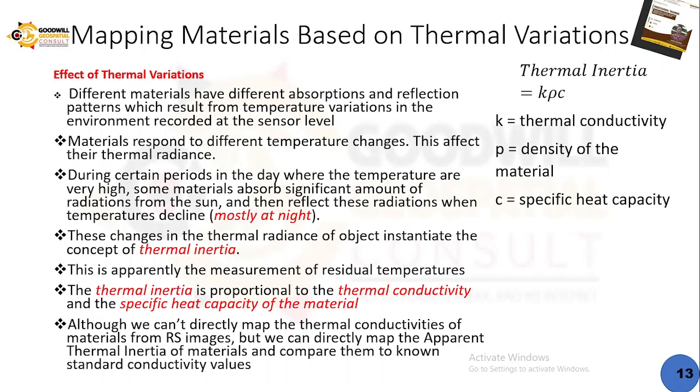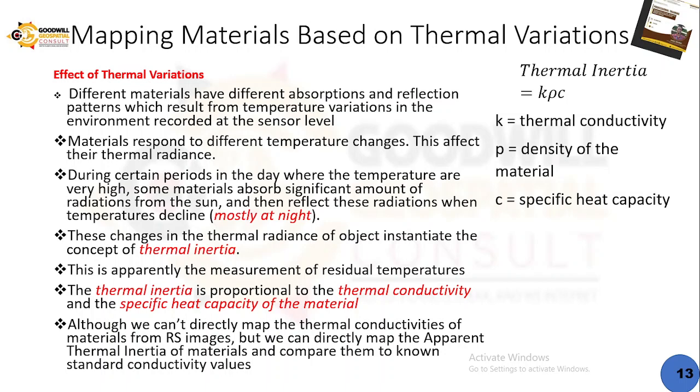They have different temperature absorption rates or heat absorption rates. At night, their pattern of absorption of heat is different from their pattern of absorption of heat during the day, and this creates what we call the thermal variation effect. We can use this property to map out the object of interest in that specified geolocation.